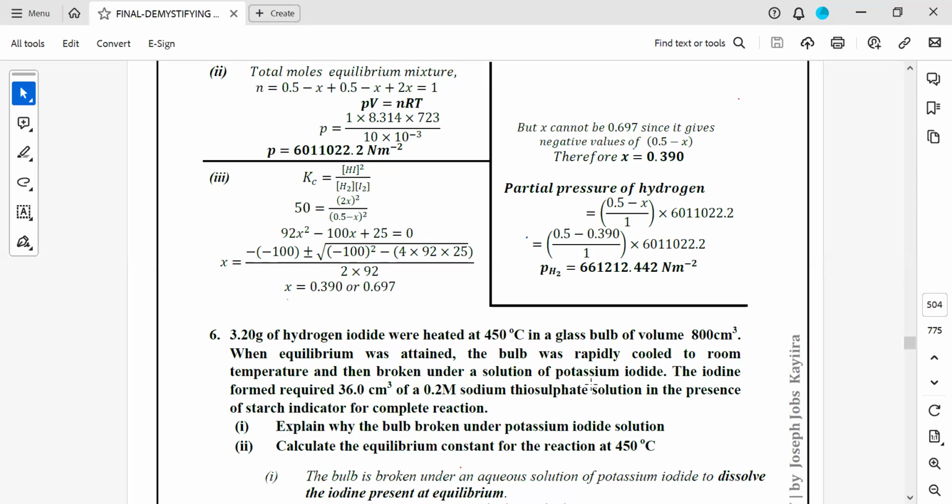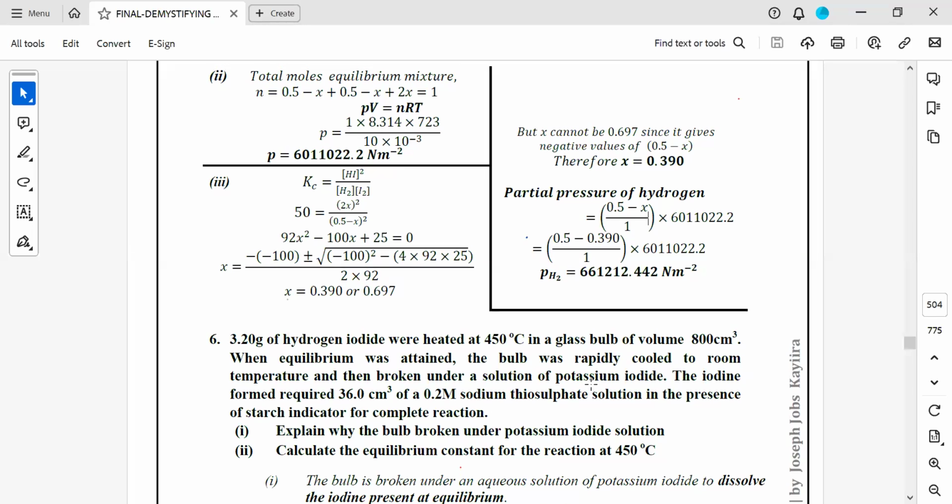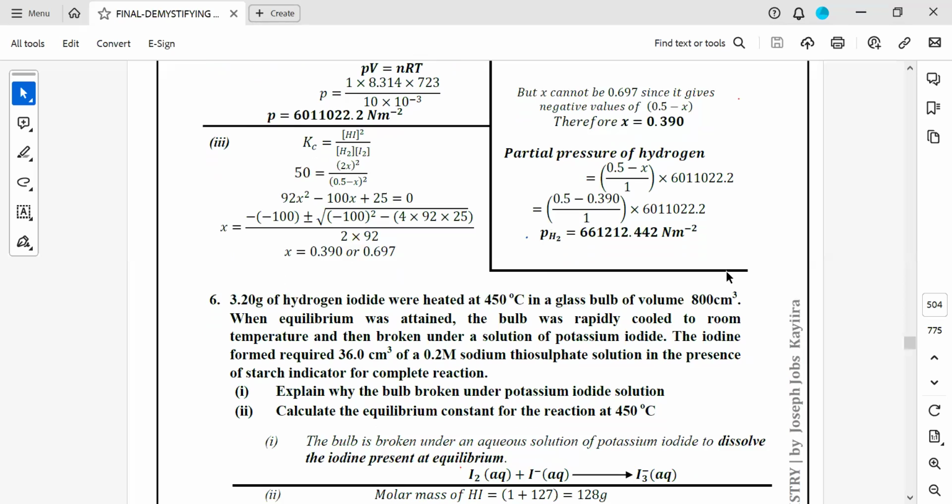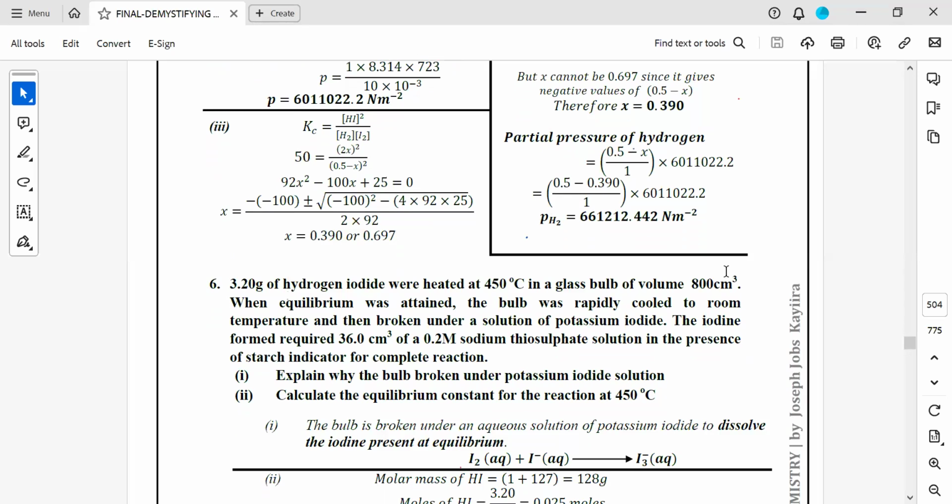So let's see what we have here. It's saying the bulb is broken under an aqueous solution of potassium iodide to dissolve the iodine present at equilibrium.